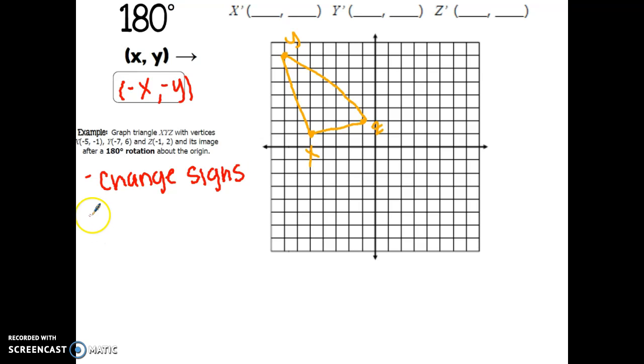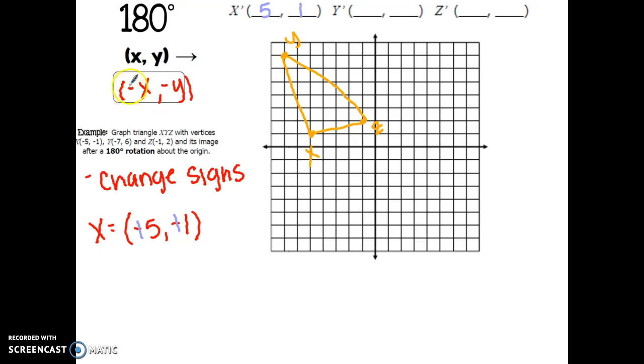For example, for X, we had (-5, -1). So both of these will become positive in our X prime. So our X prime is now (5, 1).